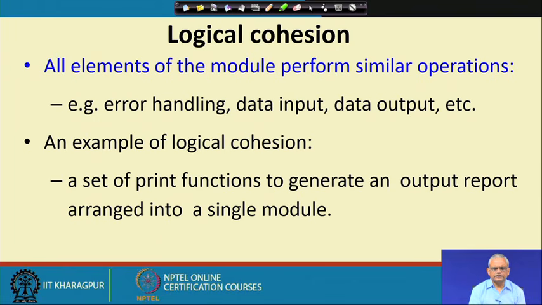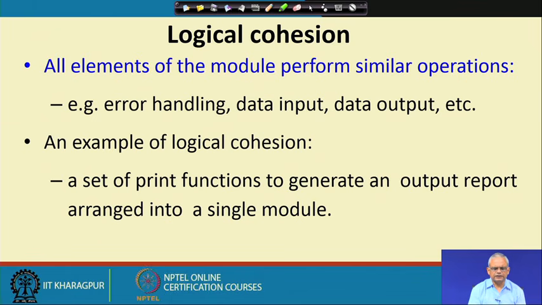We consider logical cohesion: a module has logical cohesion if all elements, all functions in the module, perform similar operations. For example, all functions in a module are doing error handling, or all are reading data input, or all are just printf kind of data output.